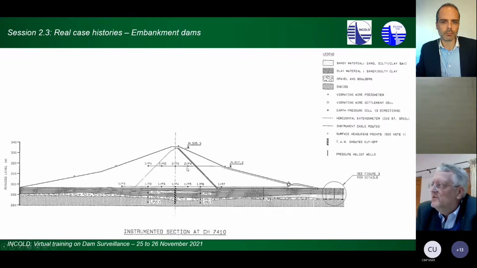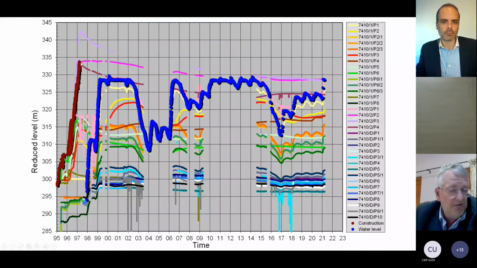As I said, it's a very impermeable material, and it's only now, after about 20 years, that we're getting close to the phreatic line pressure. Since the end of construction, it's more than 20 years, more than 25 years, we've still had the build-up of piezometric pressures in the clay from the construction. Okay.